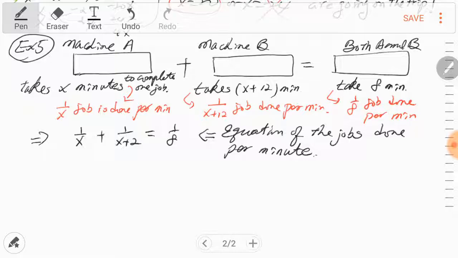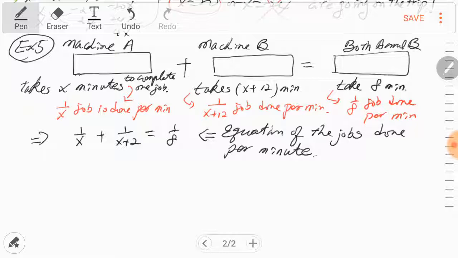Then it will complete 1 over X job. 1 over X job will be done per minute. This is the work rate. And machine B takes X plus 12 minutes, 12 minutes more than machine A takes. So every minute, it can finish 1 over X plus 12 job, right?